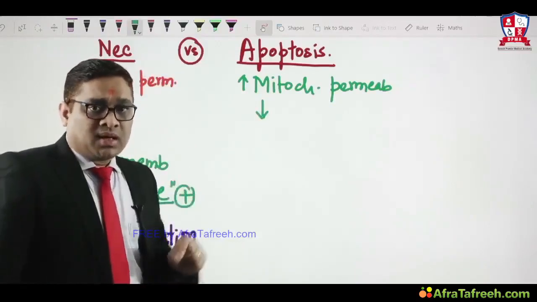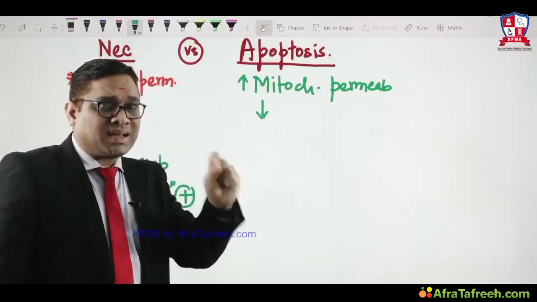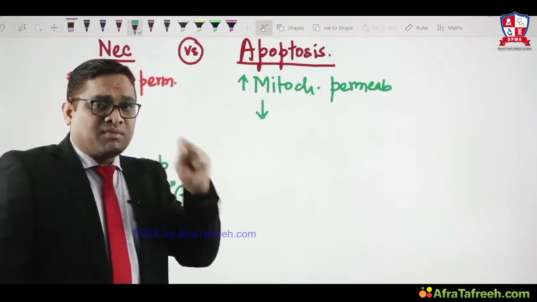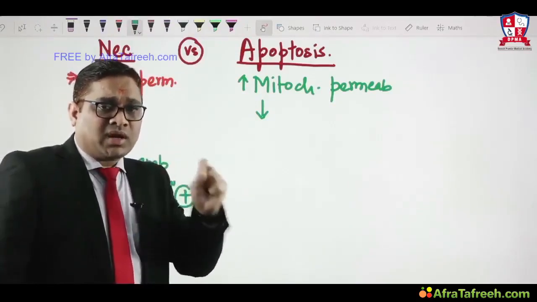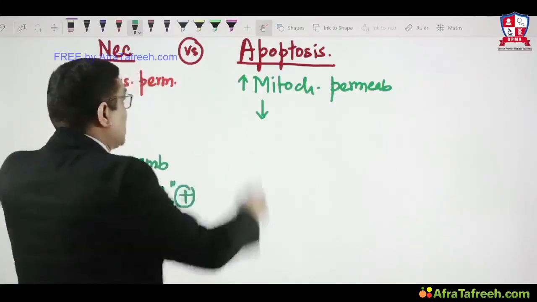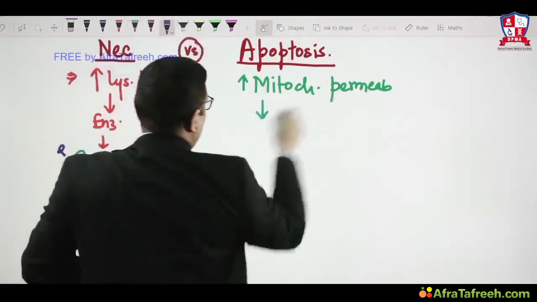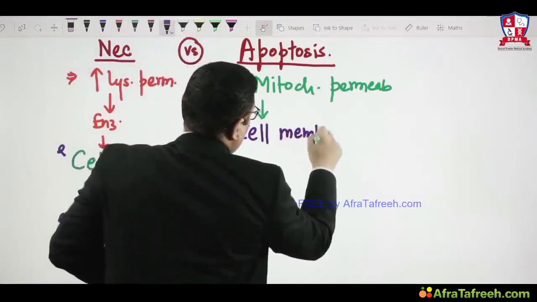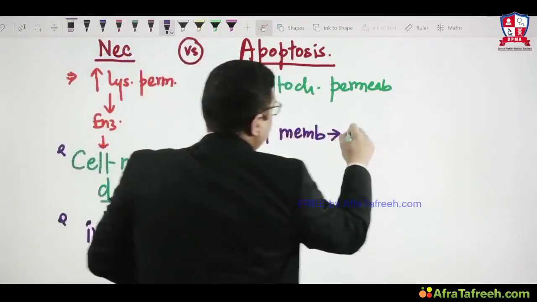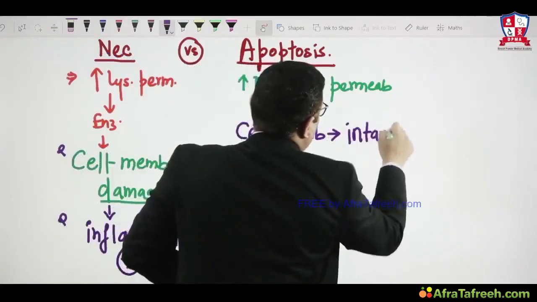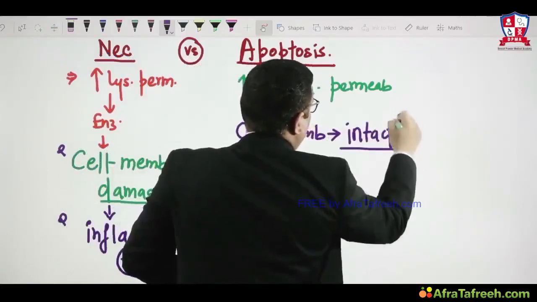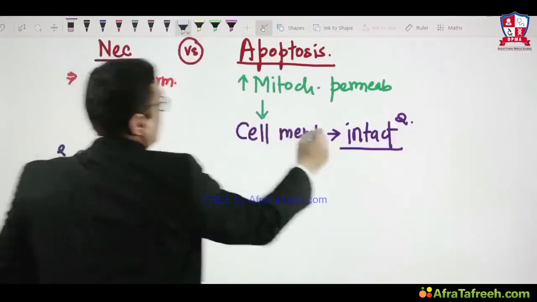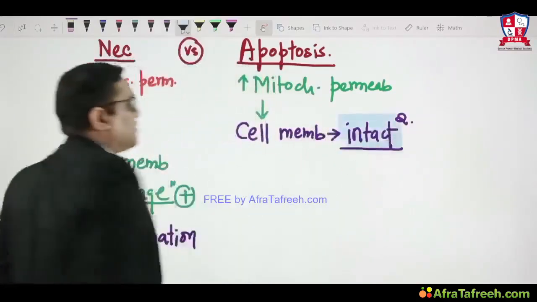This is a very famous and very often repeated question in All India and AIIMS exams. So in apoptosis, because of the mitochondrial permeability, the cell membrane will be intact.